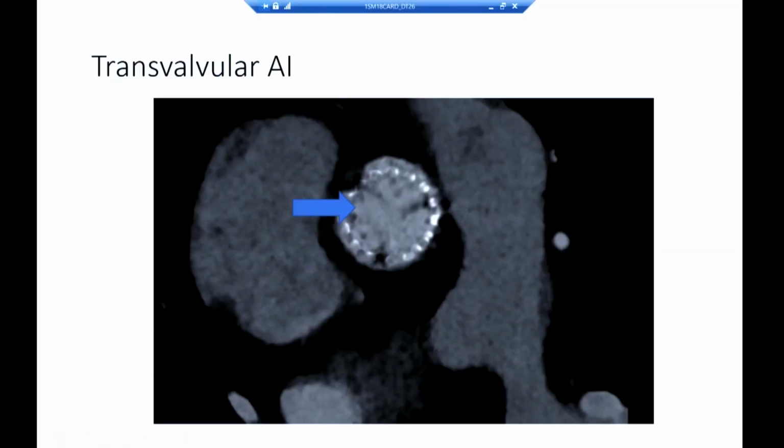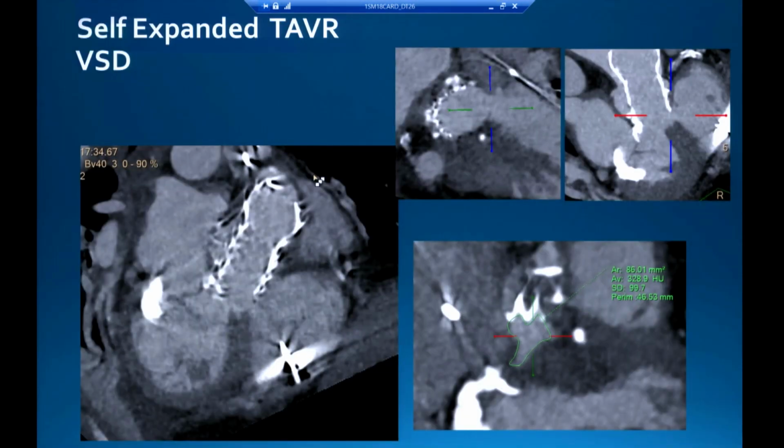And for transvalvular AI, again, this will be similar to the surgical valve. And depending on the position, I think TAVI probably carries a higher risk of, although very low incidence, VSD compared to surgical valve, even without infection.